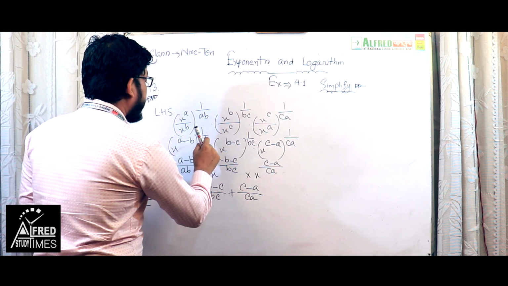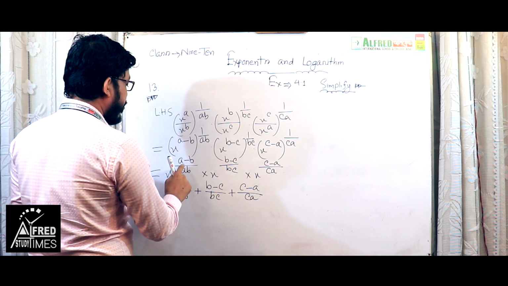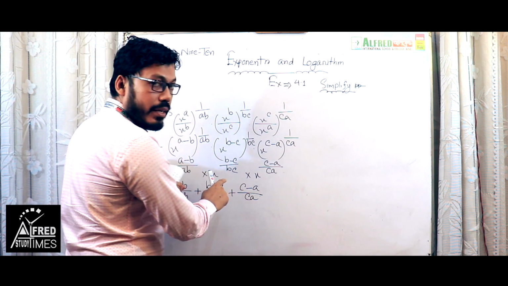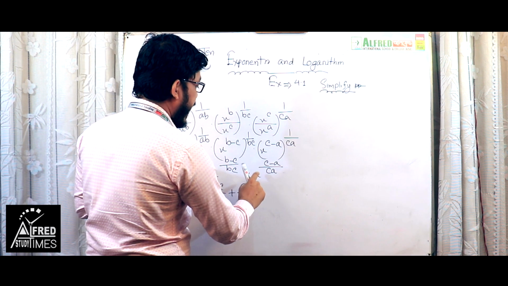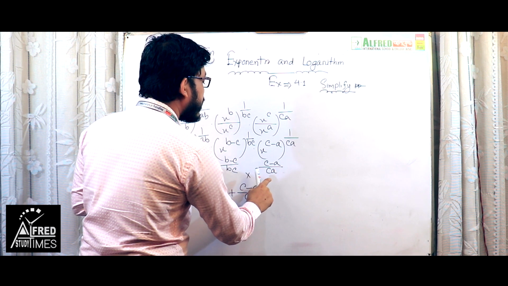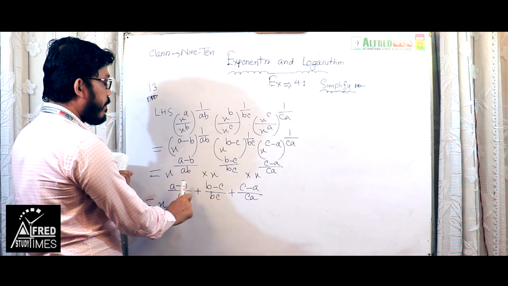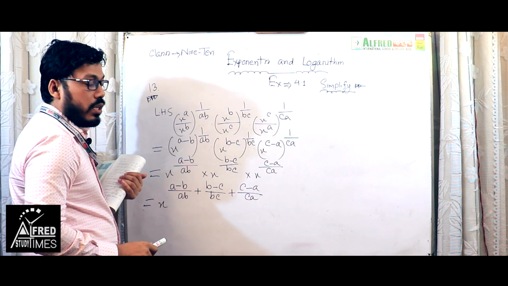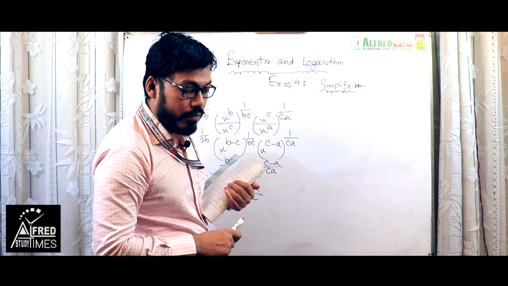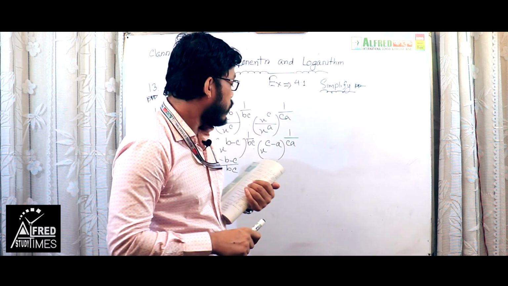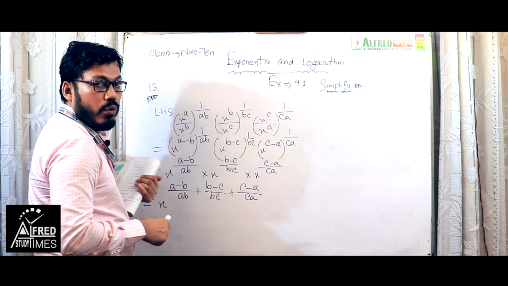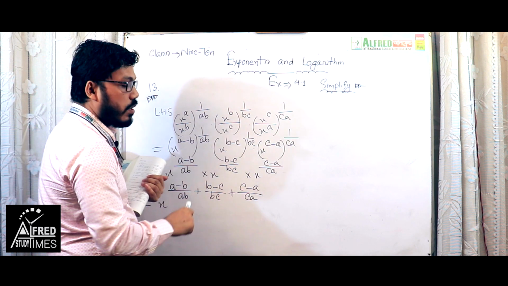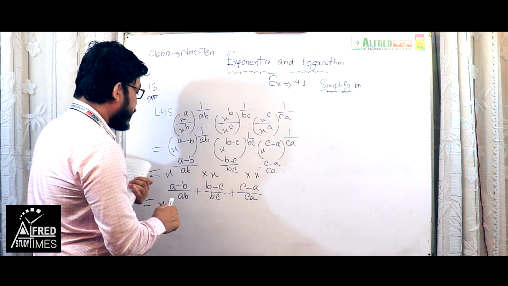After multiplying power with whole power, we get x power a minus b divided ab into x power b minus c divided bc into x power c minus a divided ca. There are three same bases, x, x and x with different power. We have already informed from the exponent's basic rules, if we get two or more same bases with multiply sign, we need to add all the powers of the given base.